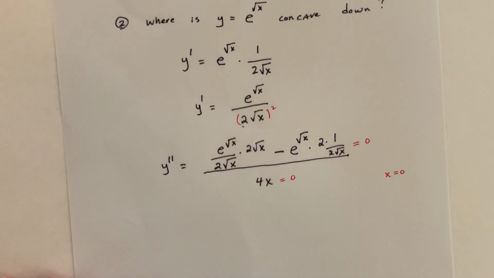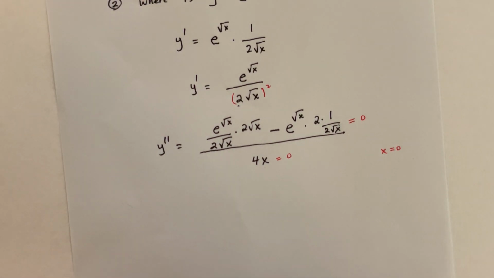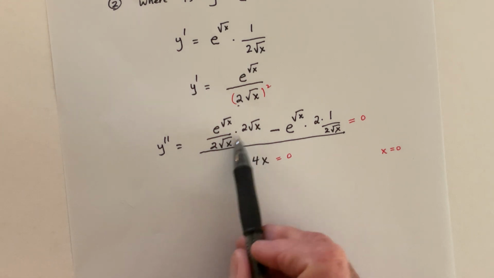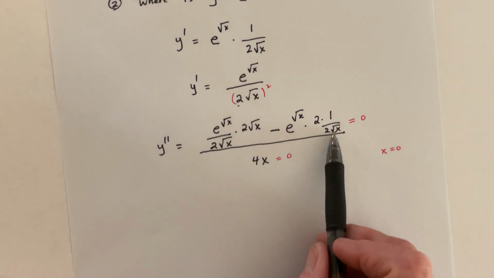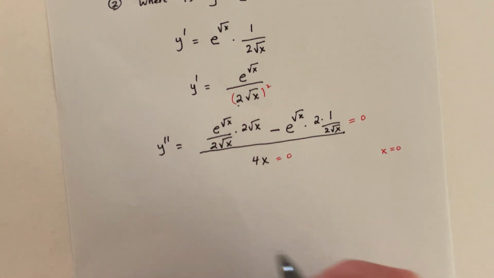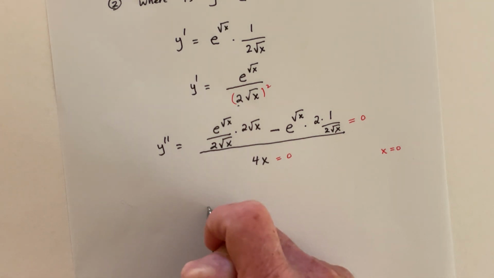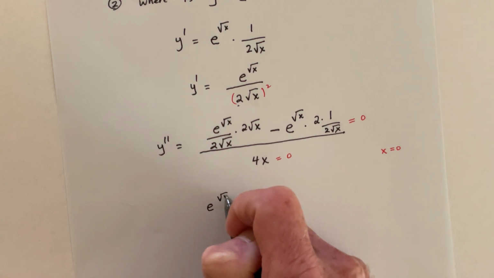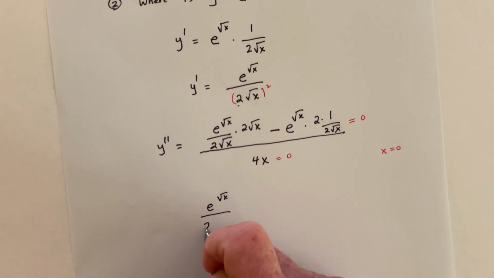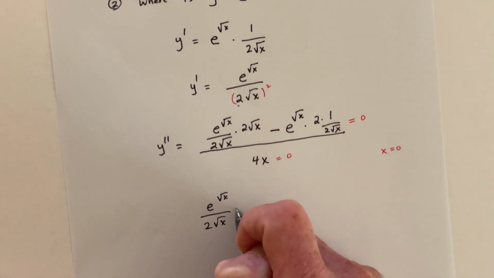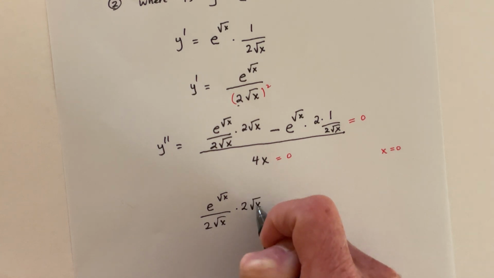So when I put the top one equal to 0, let's see, I'm tempted to cancel these, but the thing is this and this, they both have the same thing. So I think I'm just going to leave it for now. So it's going to say e to the square root of x over 2 square root of x times the 2 square root of x.